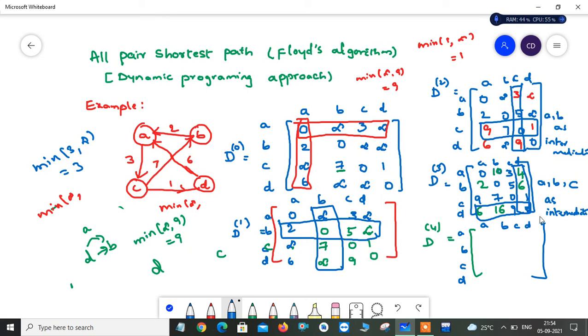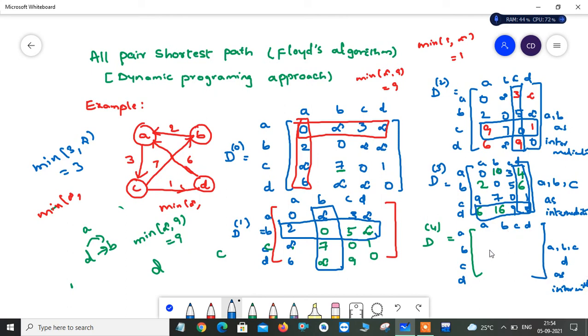So what will this say? D of 4 is nothing but the length of the shortest path with intermediate vertices numbered not higher than 4. Right? Simply it will take A, B, C, D as an intermediate.